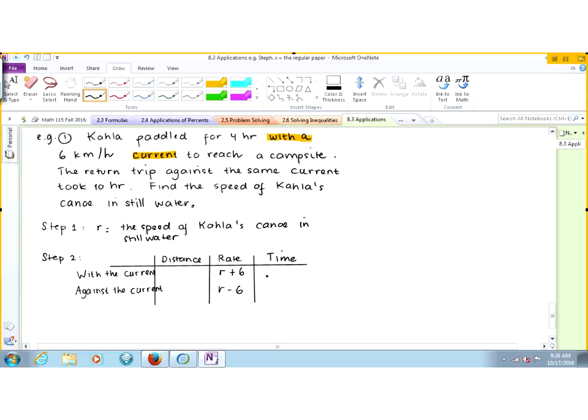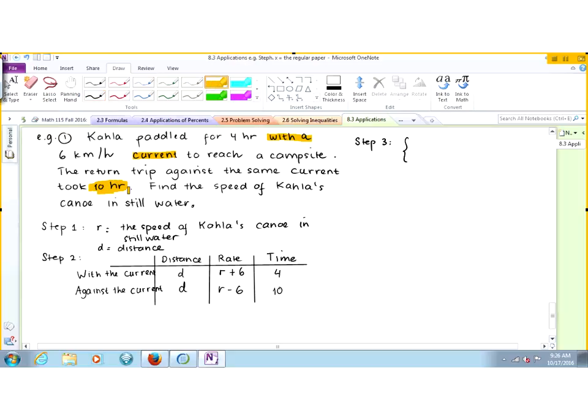Now, do we know the time for each one? With the current is 4 hours. How about against the current? 10. All right. And the distance we don't know, we will call it d. So d is the distance. So now tell me the equation. Step 3, equation.